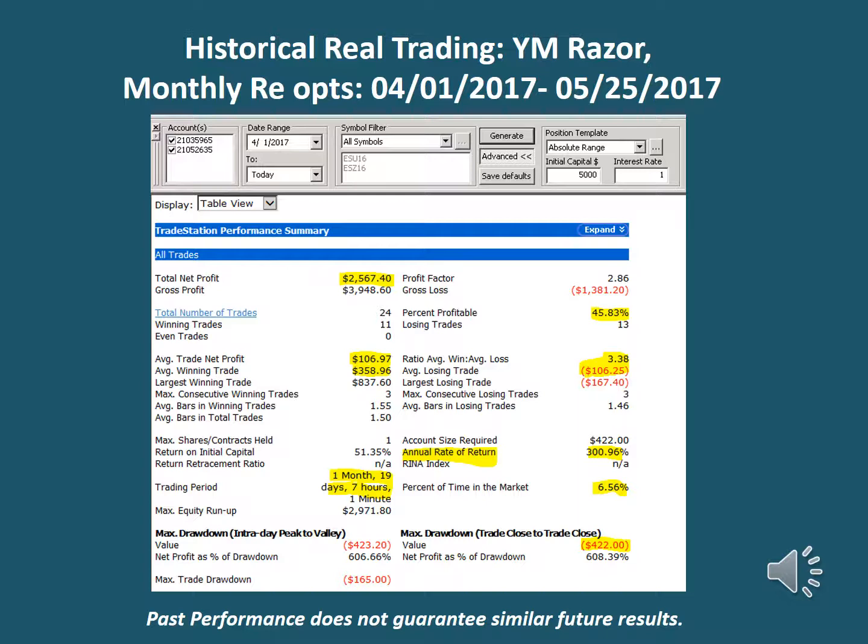Average losers $106. You're making $3.38 for every dollar lost. Your annual rate of return is 300%. The percent of time in the market is 6.56%. The drawdown is 422. Profit factor is 2.86. This is basically 2 months, 1 month and 19 days and 7 hours. And that's pretty darn good. I'm real proud of that.